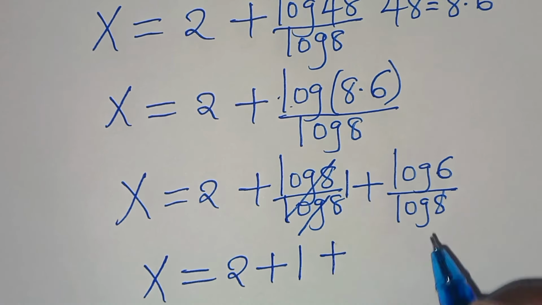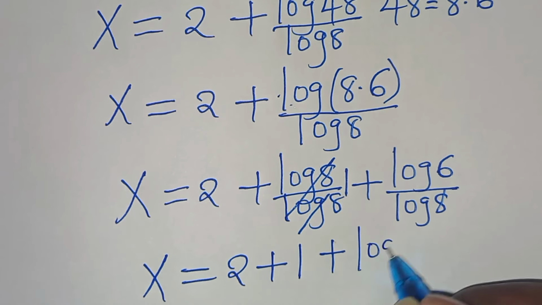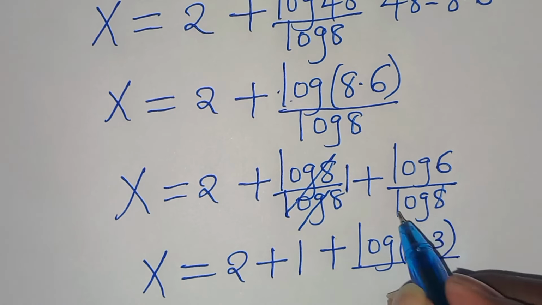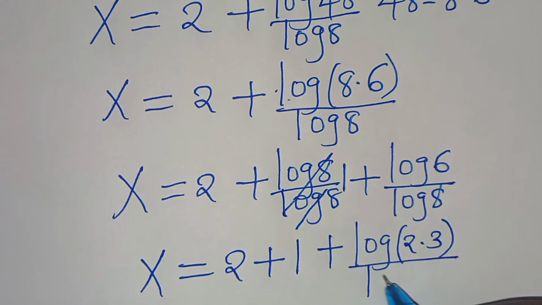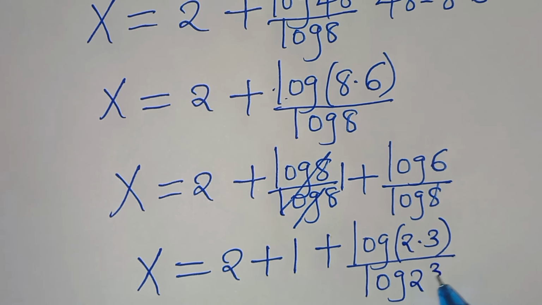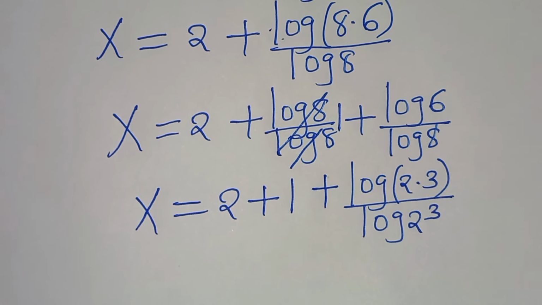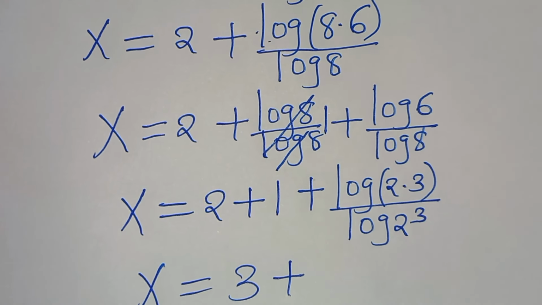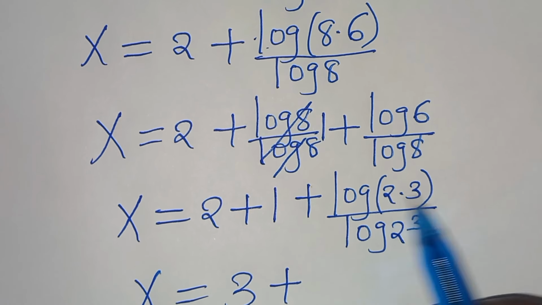Then plus log 6. Log 6 is the same thing as log of 2 multiplied by 3, then divided by log 8. We can express log 8 as log 2 to the power of 3. So that now we have x equal to 3 plus log of 2 times 3.